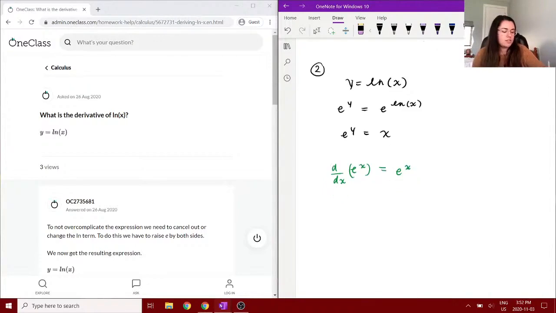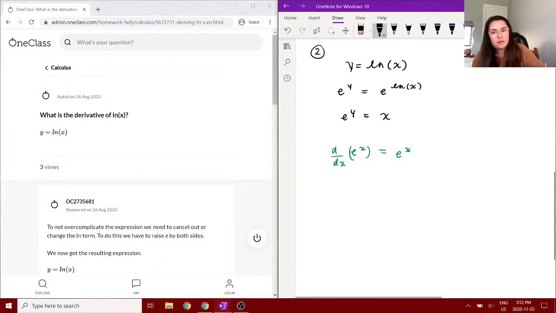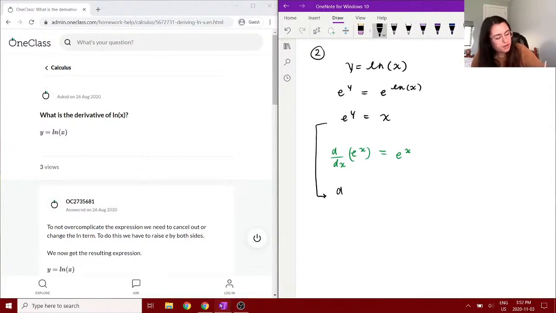So that can be easily translated here. If we take the derivative then of this equation that we just came up with, of e to the y, and also take the derivative of the other side as well, of course.